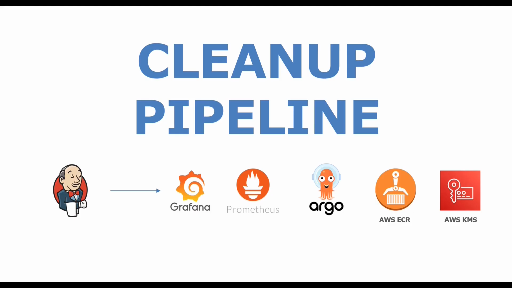As I told you already, this pipeline will delete the service and deployment manifest of Grafana, Prometheus, and ArgoCD. It will delete the ECR repository, and it will also schedule the KMS deletion. Now these keys will not get deleted immediately.